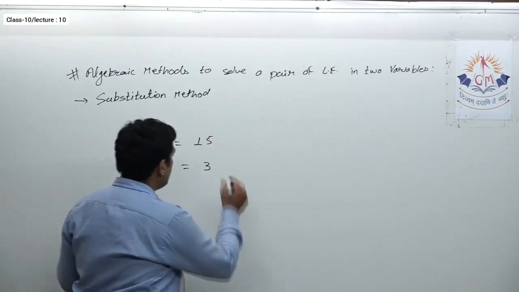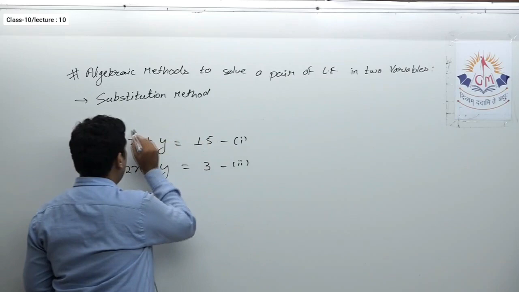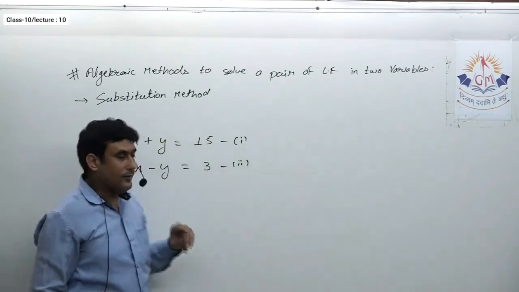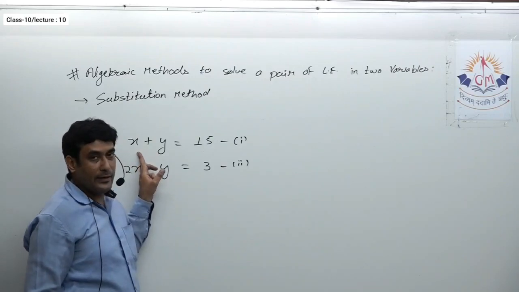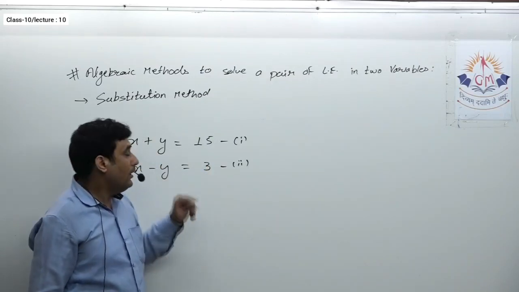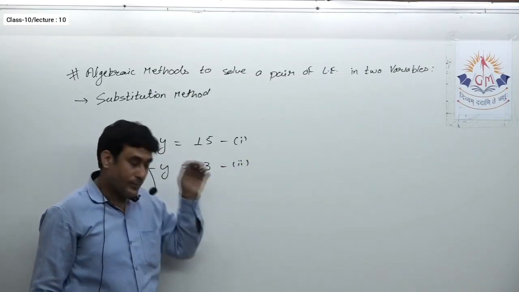So what actually we have to do in this method? We have to find the value of any one variable in terms of another variable. For example, from here I can say x is equal to 15 minus y, or I can say y is equal to 15 minus x.